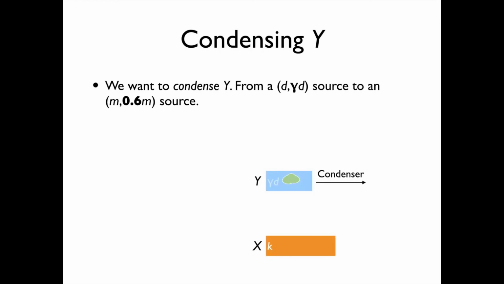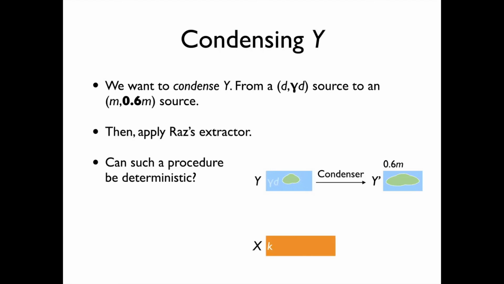And how do we do that? We would like to apply an object called a condenser on Y to condense it from entropy rate gamma to entropy rate 0.6. Now we would have liked to do this deterministically and then to apply Raz's extractor, but this cannot be done.